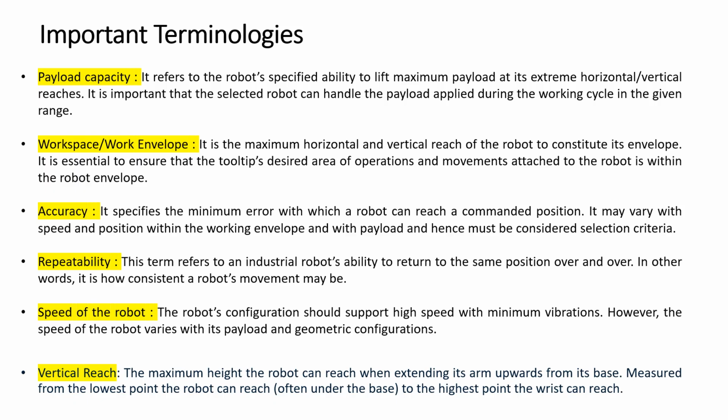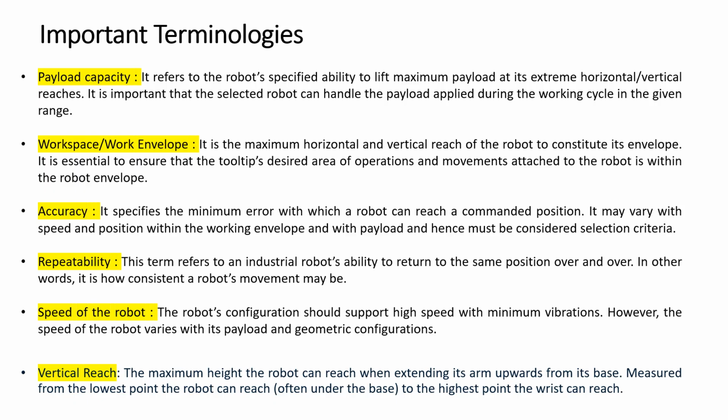And that's how you need to check the speed of the robot. At the same time, you have to check the cycle time, because you cannot compromise on the cycle time, as it is a very important requirement of any system. So you need to check whether the selected configuration will satisfy your cycle time or not with the speed.